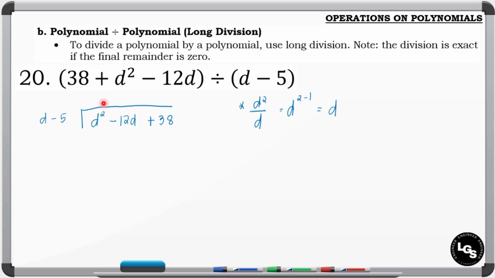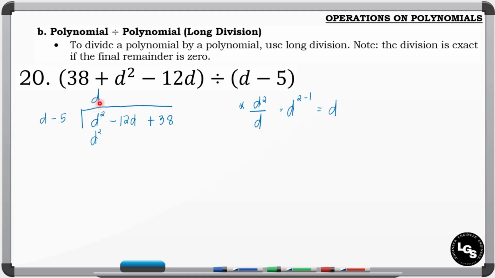So we write here d. Then, now that we have the first quotient, we multiply this by the whole divisor. So d times d is d squared, and we align that here in the first term.